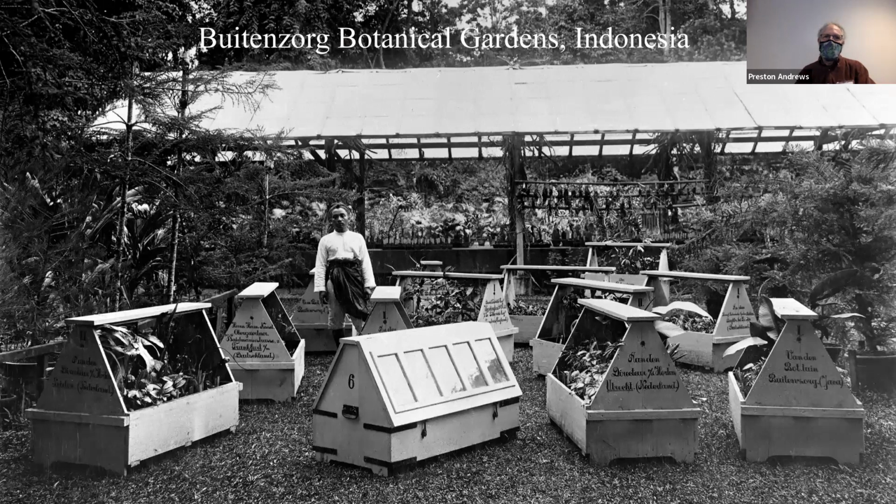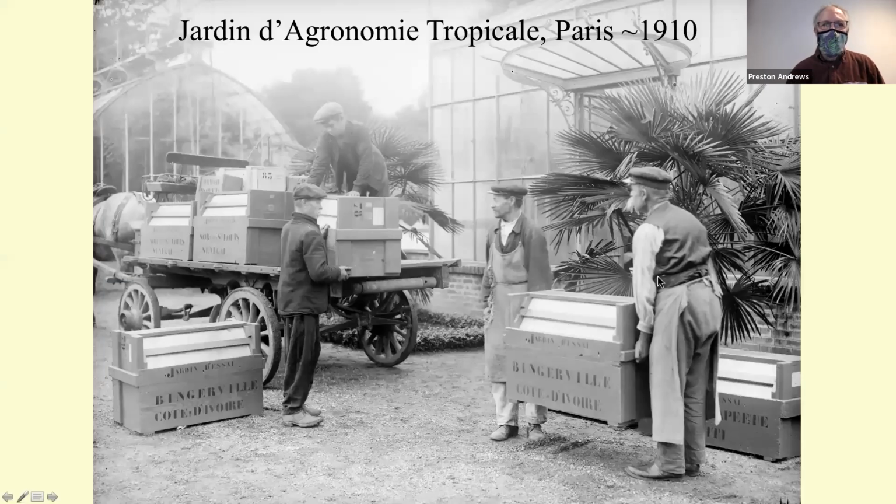Here's where you really see the colonization effect of European nations. This was the Dutch East Indies in Indonesia, and here are Wardian cases there. Here is the Garden of Tropical Agriculture in Paris in 1910.